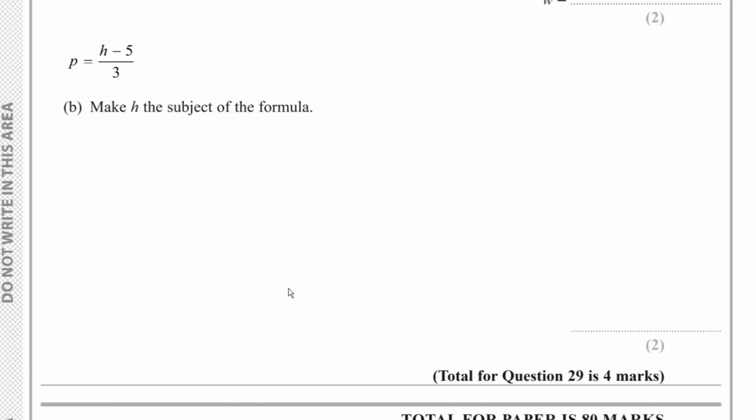P equals h subtract 5 all over 3. We have to make h the subject of the formula. Let's multiply both sides to begin with by 3. That means we have 3p equals h minus 5. And now if I add 5 to both sides, that means we have 3p plus 5 equals h.